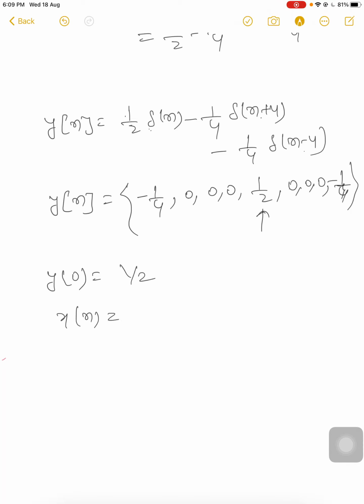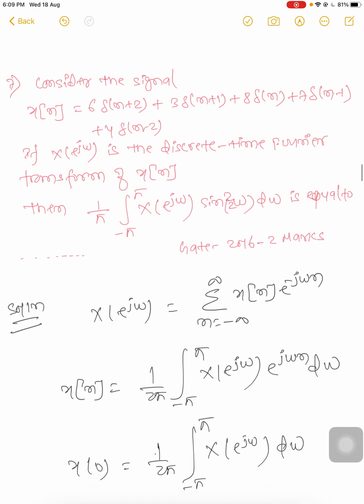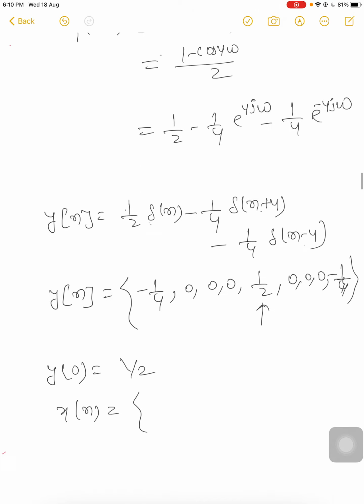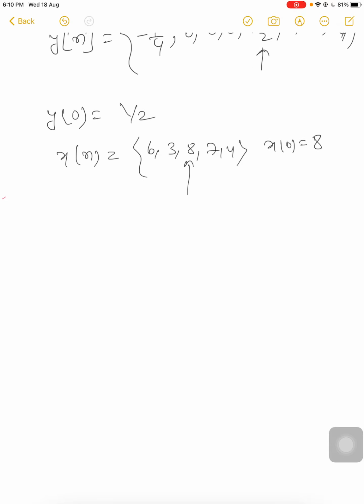So x[n] is given, all things are given. x[n] is given as 6, 3, 8, 7, 4, and at the origin it is 8, so x[0] is 8.